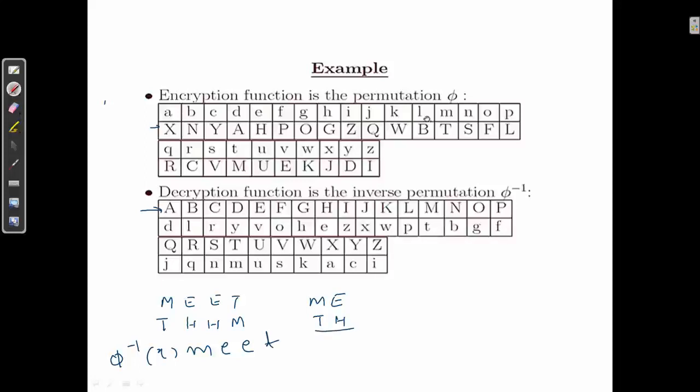This is how monoalphabetic substitution ciphers work.